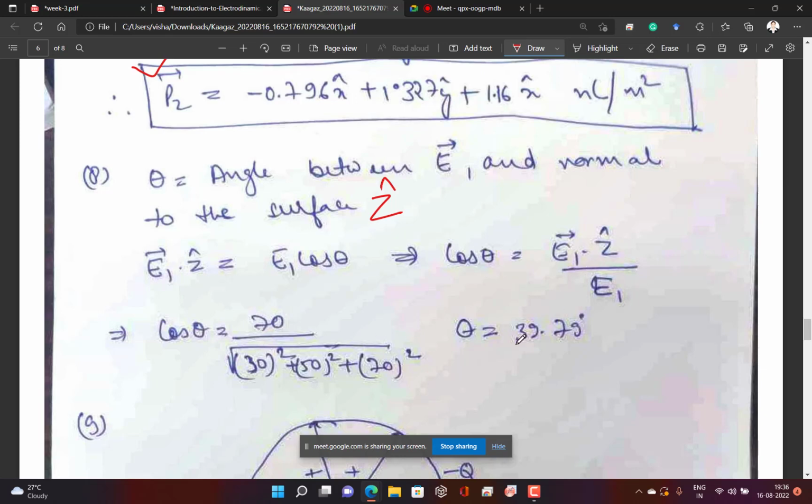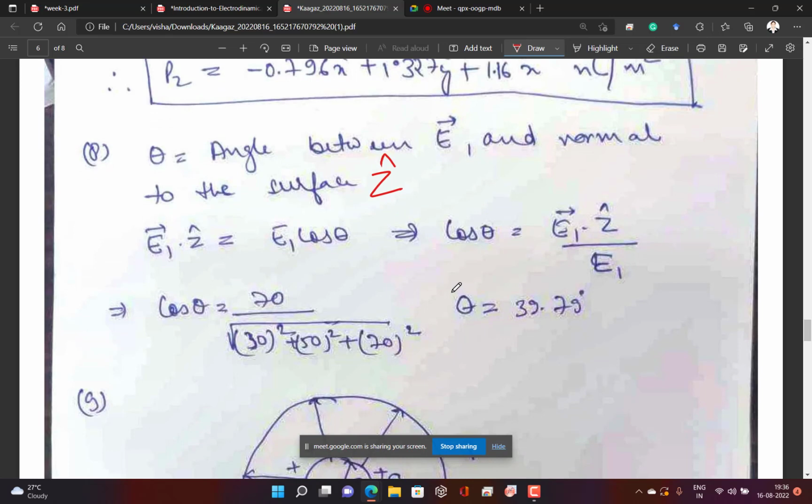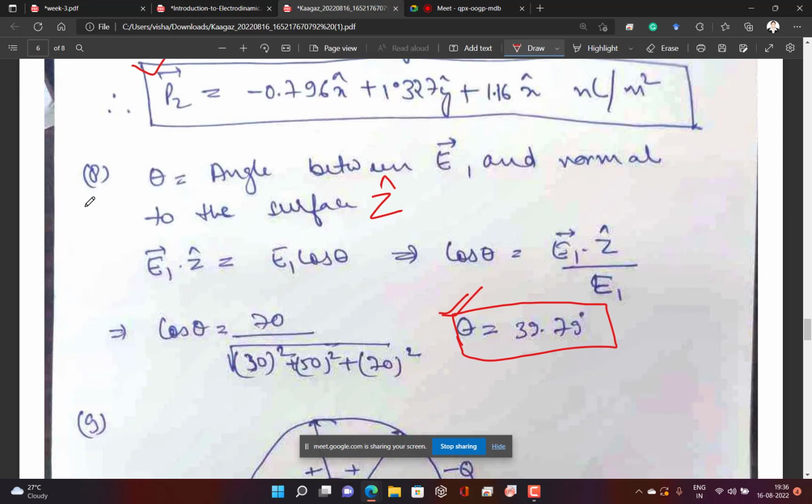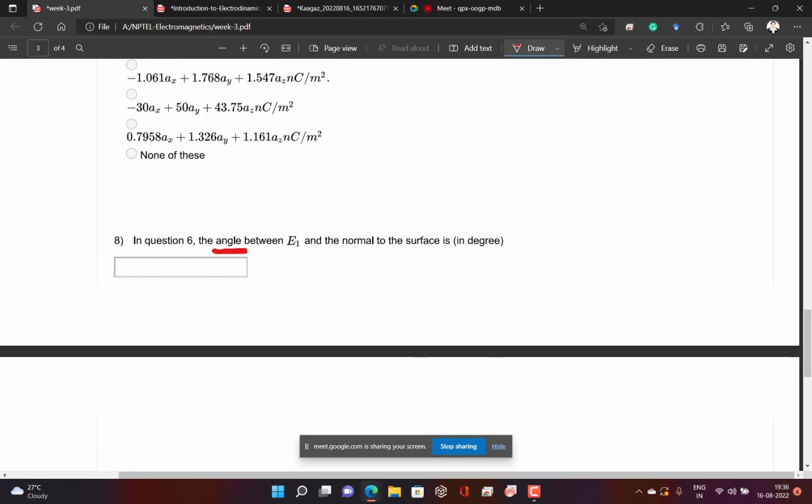Put the value and do the cos inverse of this value, and we will find 39.79. Any problem here? Okay, let's go ahead then.